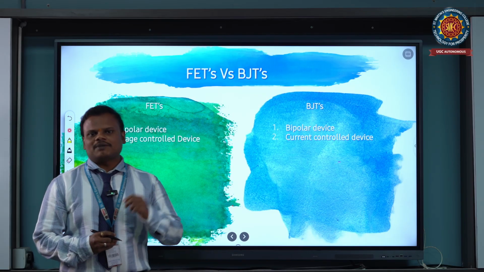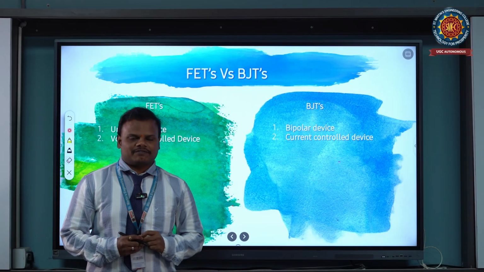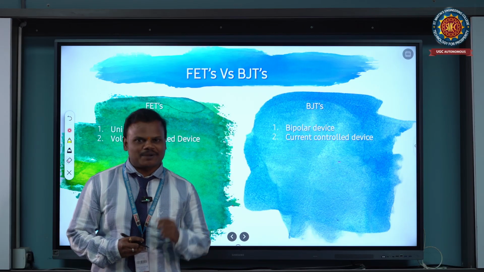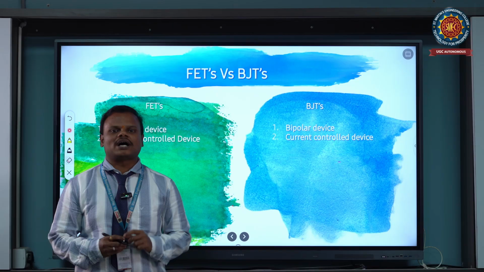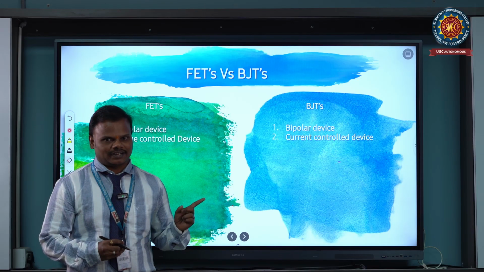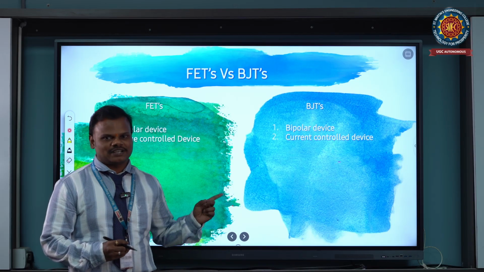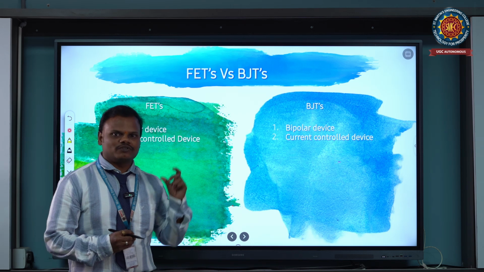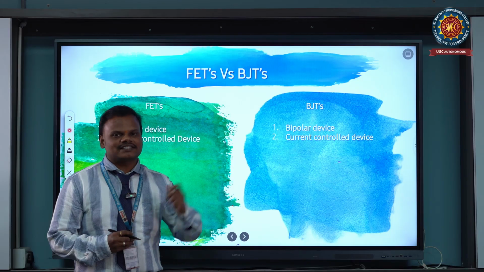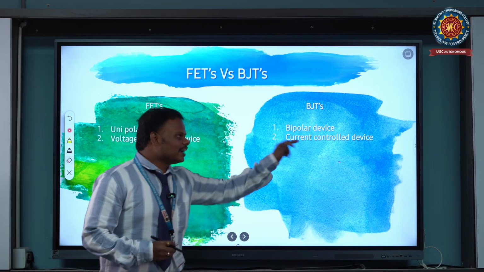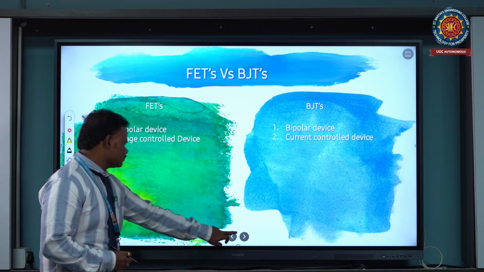For example, in a common emitter configuration, IC is equal to beta into IB, where IB is the input current. The output current depends on the input current, so when we change the input current, that obviously changes the device output. Hence it is a current controlled device.